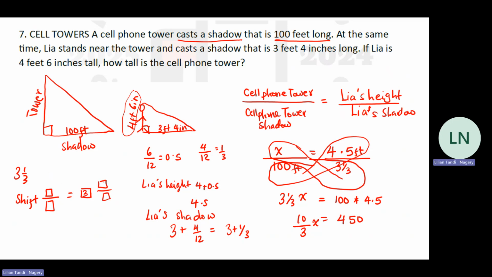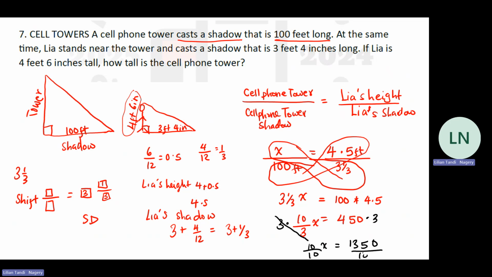This should be 3, this should be 1, then you press SD, it will give you 10 out of 3. Then you multiply each side by 3. 3 and 3 go away, so you get 10x equals 1,350.